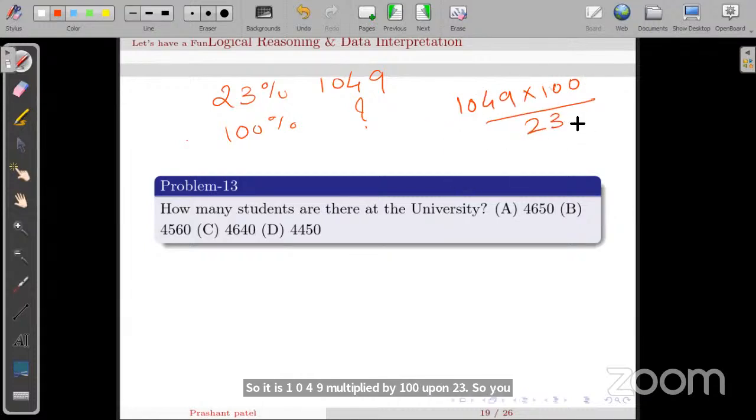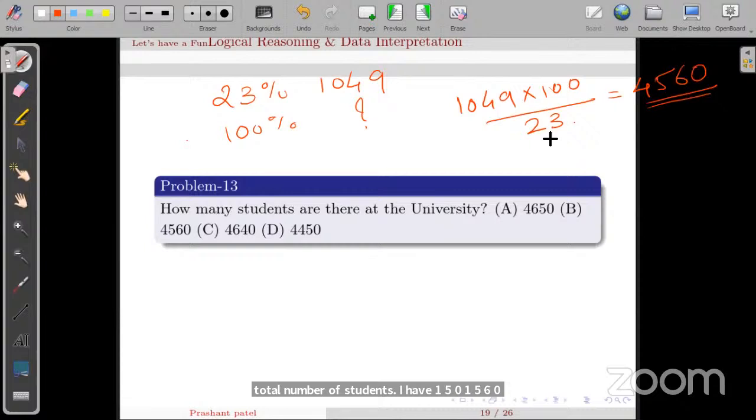So इसमें से आपको टोटल नंबर ऑफ स्टूडेंट्स मिल जाएंगे. If you do this, you will have the total number of students. I have 1560. So total number of students is 1560. Very good, Rishabh.